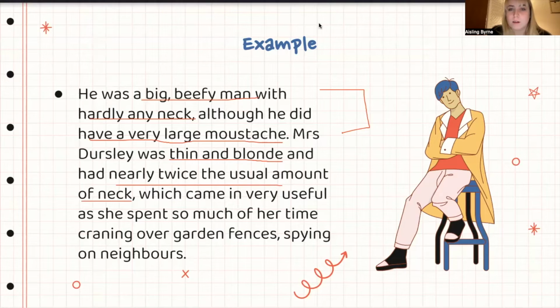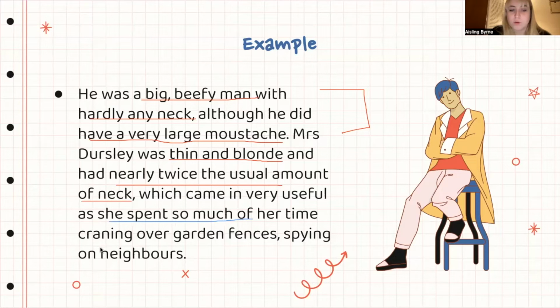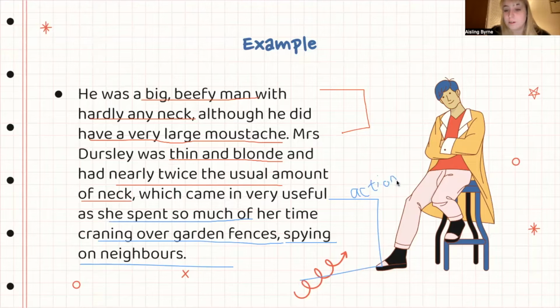But this bit here, which came in very useful, I'm just going to change the colour of my pen, because she spent so much of her time craning over the garden fences spying on neighbours. So these are the actions of Mrs. Dursley. So what might this tell us about her? Well, first of all, she's got a very long neck that she uses to spy on neighbors.